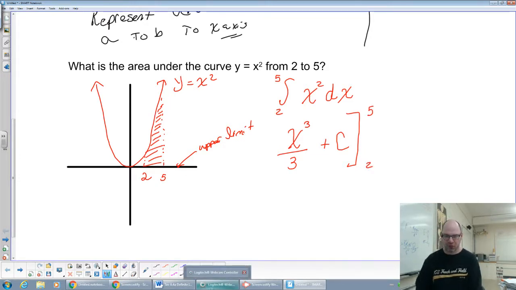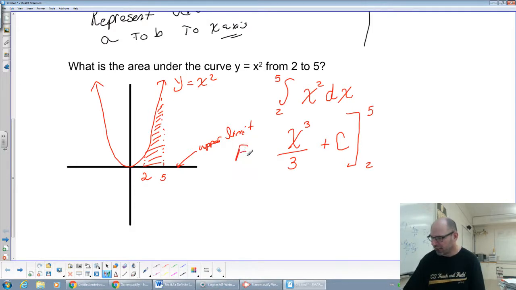So what we do is we take f of 5. Let's call this capital F of x, because we took that integral. It's not this curve, but the area under the curve is represented by this function because it's the integral. So this kind of represents capital F of x right here. Okay, the area under the curve.